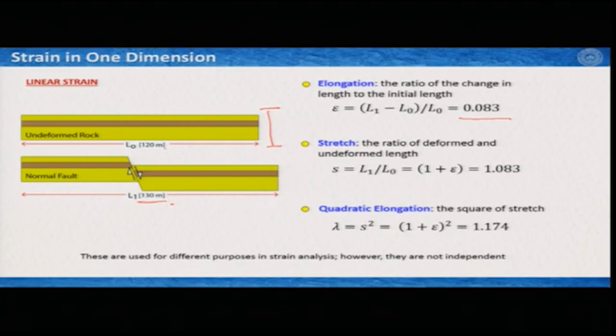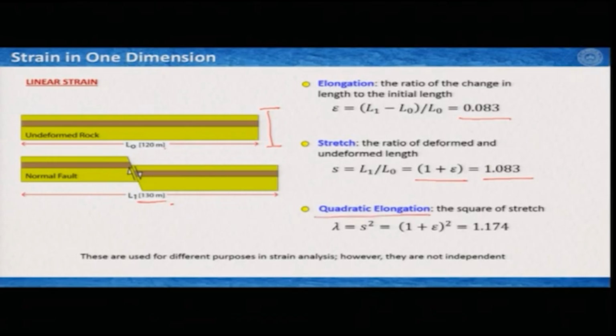As it is a ratio of 2 length parameters, it is dimensionless. The stretch is the ratio of deformed and undeformed length, so L1 versus L0, or you can algebraically manipulate it to get this form, 1 plus elongation, and in our example this is 1.083, again dimensionless.